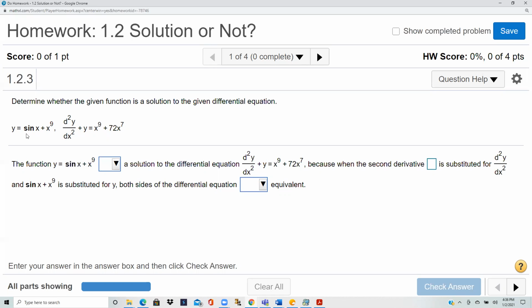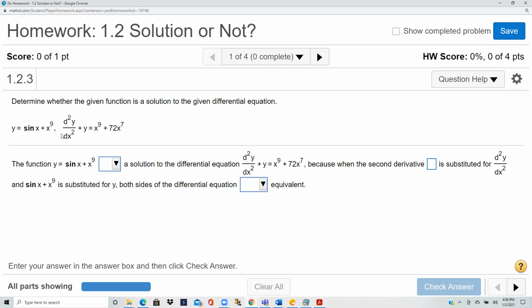For a differential equation, a general solution is a function of y. So in this case, they are asking us to check whether this function of y, sine x plus x to the 9, is a solution of this differential equation. Well, this differential equation has a second derivative of y and a y.